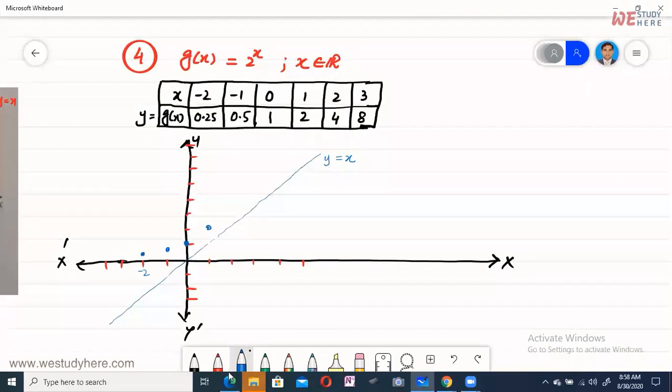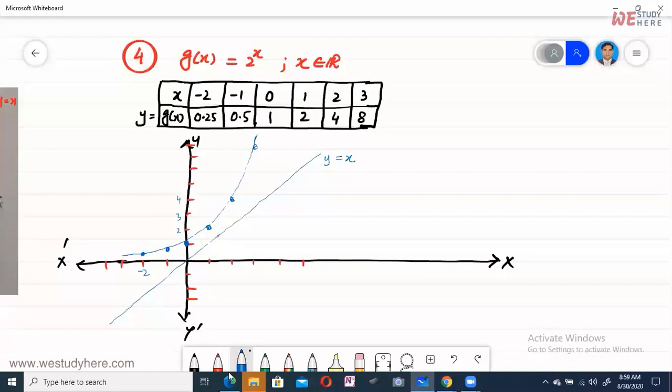At 2 is 4. At 3 is 8, up to here. It means this curve is like this. Then we will draw the image of this curve.